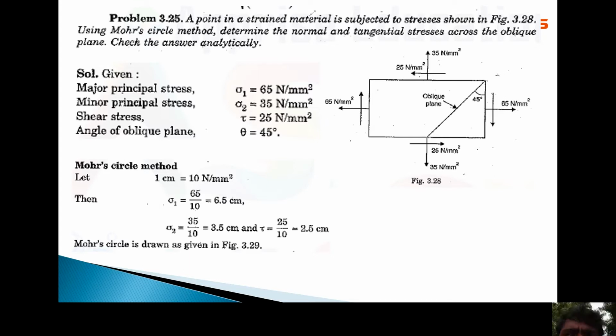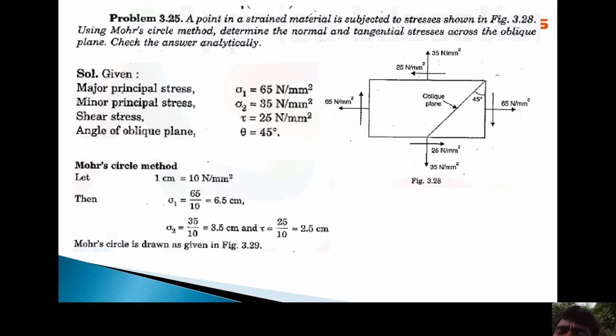First of all, determine the values by using a Mohr circle, then check the values by using analytical methods. Okay, this is the diagram in this figure. The 35 Newton per mm square is acting in the upward direction as sigma x, and the 35 Newton per mm square sigma x value is acting downward.